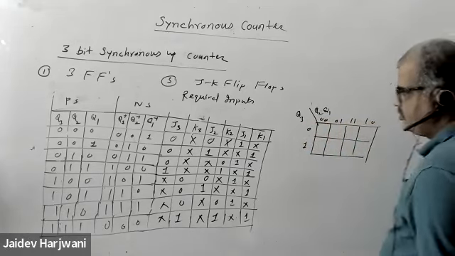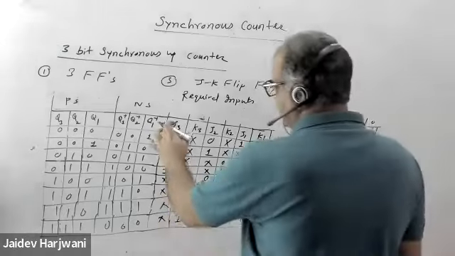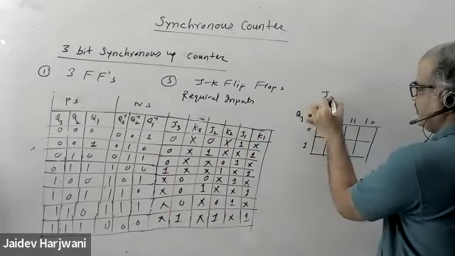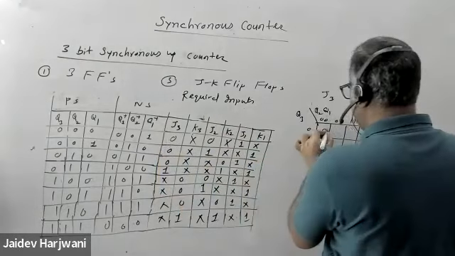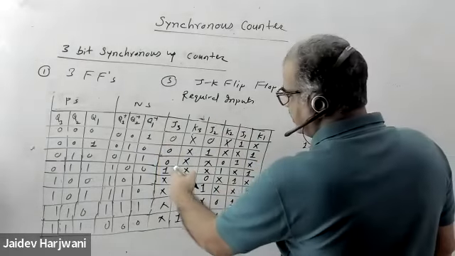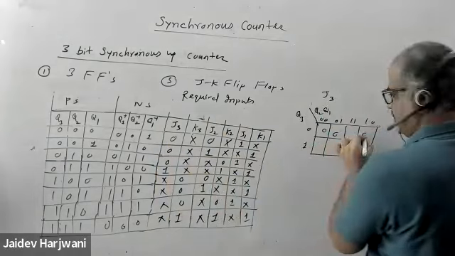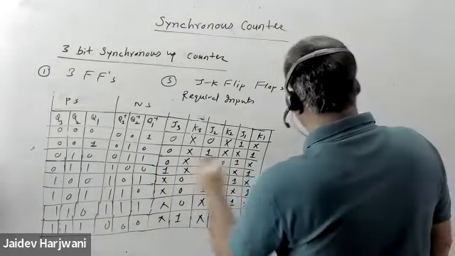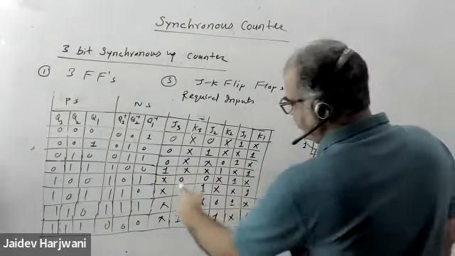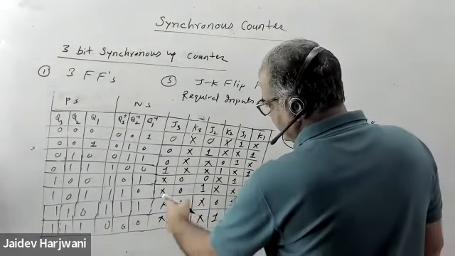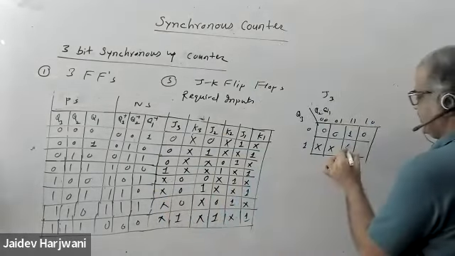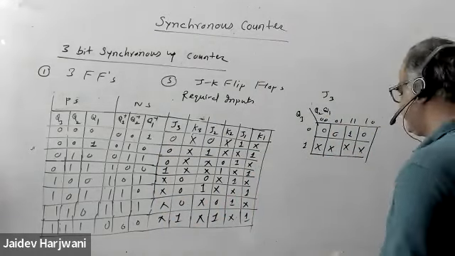Now you want to solve for J3. So fill this table with J3. The J3 is 0, 0, 0, 0. For 2, you have 0. For 3, you have 1. For 4, you have XX. For the rest, all are X. So this is your J3 table.